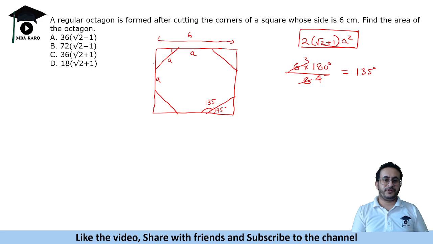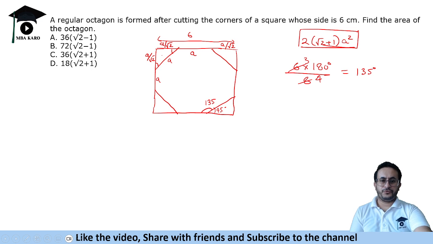So now this angle is 45, this is 45. So this side length A is root 2 times this side length. So this basically is A upon root 2. Okay, so this side will also be A upon root 2. Now this is a symmetrical figure. So this side length is A upon root 2 and this is also A upon root 2.